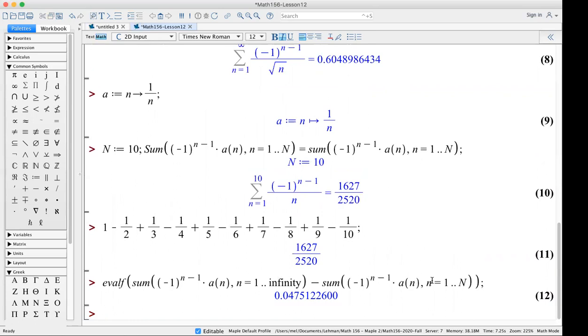This is the sum from 1 to 10. That's the difference.